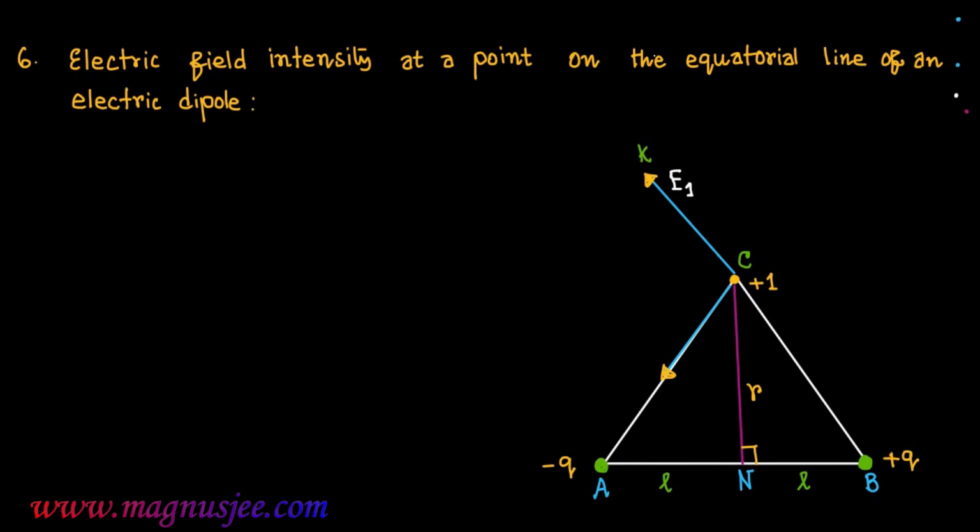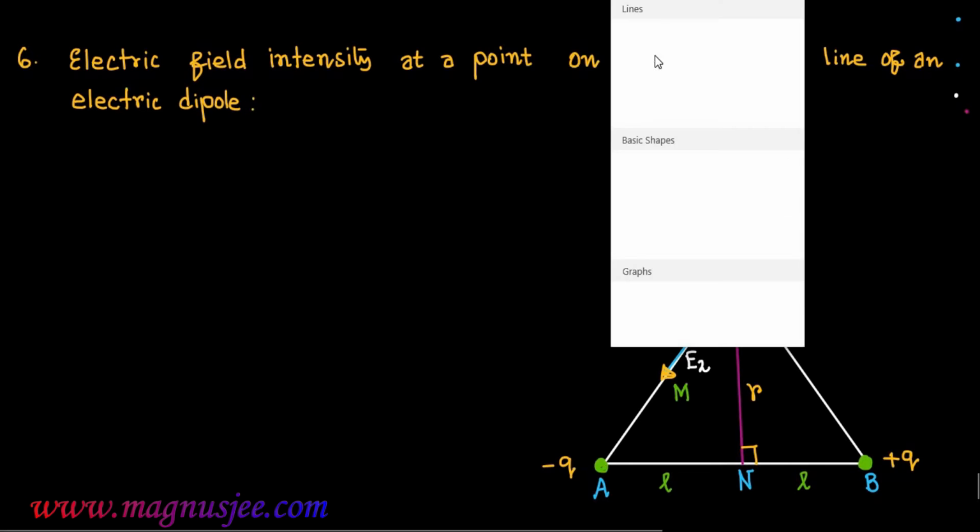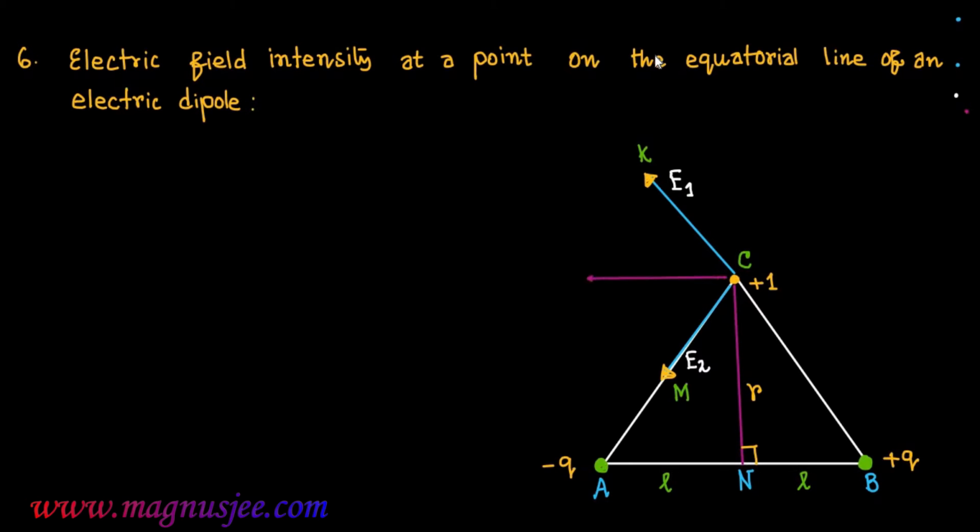Similarly, the field intensity at C due to minus q charge acts along CM. That means E2 is the electric field intensity at the point C due to minus q point charge at the point A of the dipole AB.